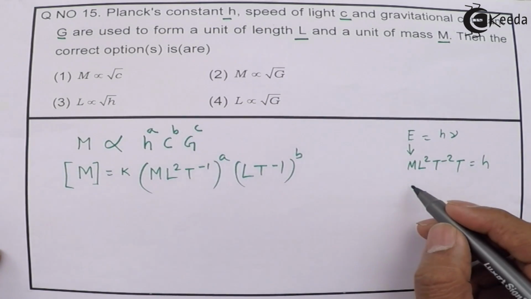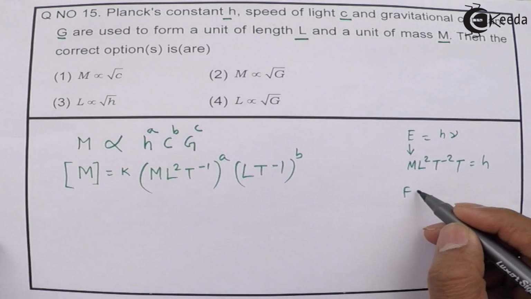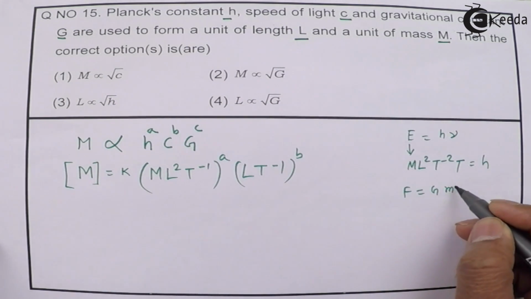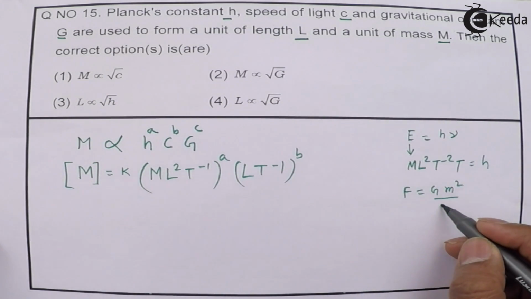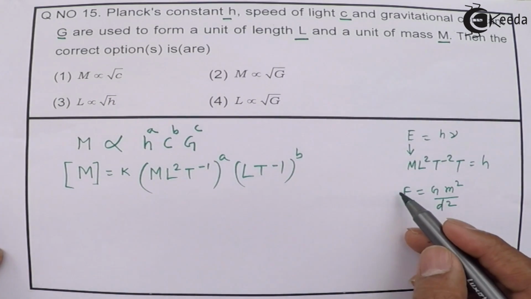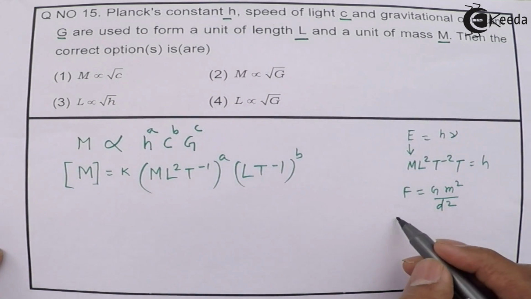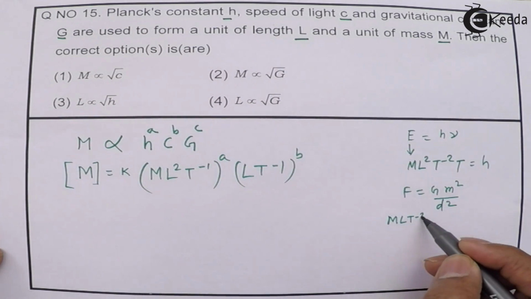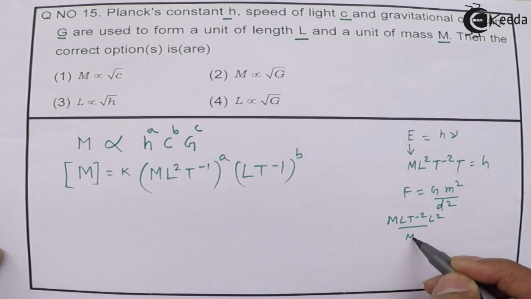G is the gravitational constant, which comes from F equals G m square over r square. Force is in newtons, M L T minus 2, multiplied by L square divided by m square.